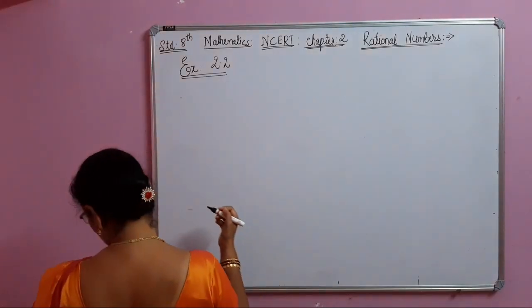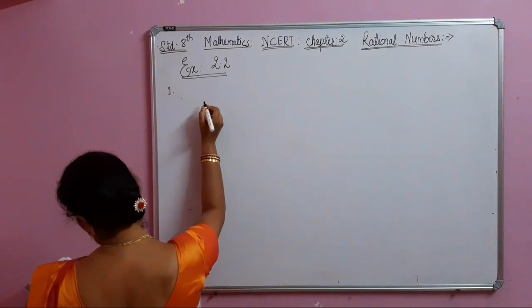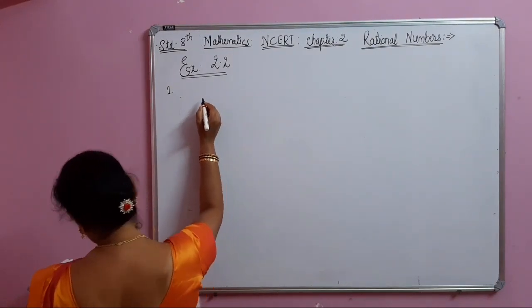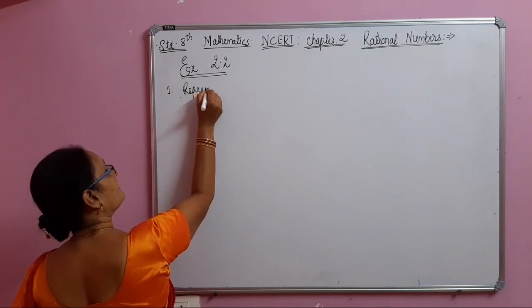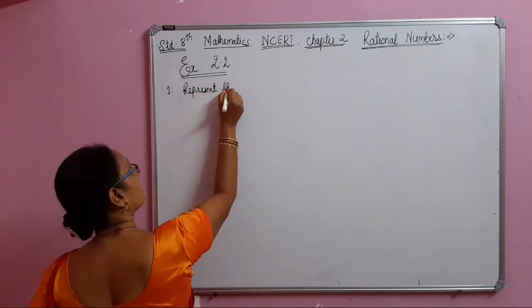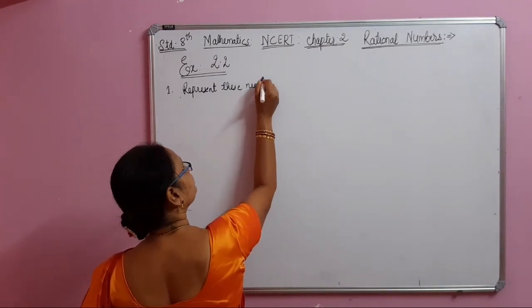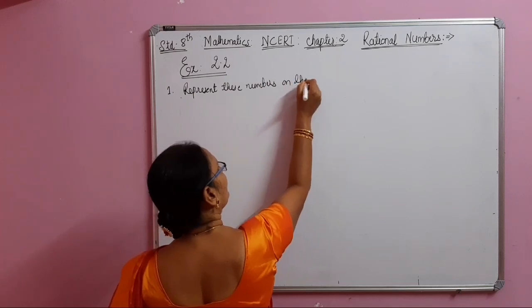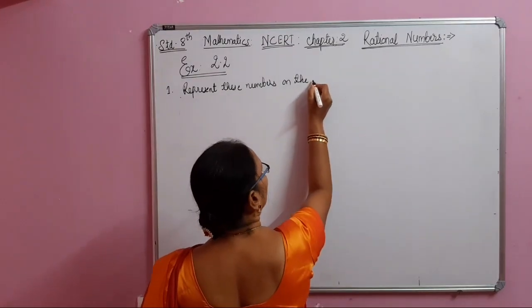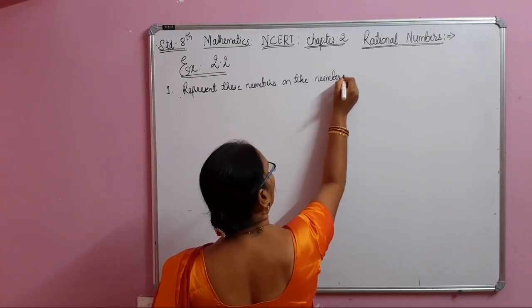Exercise 2.2. First main question: represent these numbers on the number line.